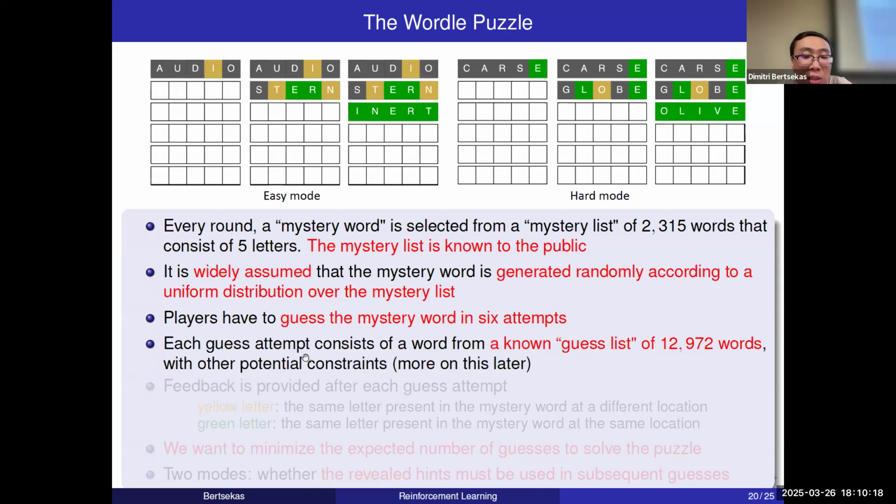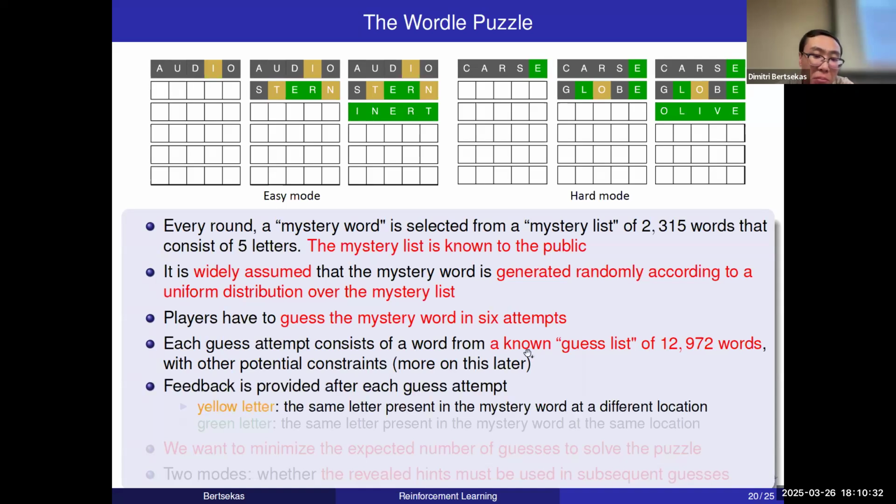Each guess attempt consists of a word from the guess list of 12,000 words, with other potential constraints, and I will come to this shortly. Once you give a guess word as input, there is feedback provided by the program.